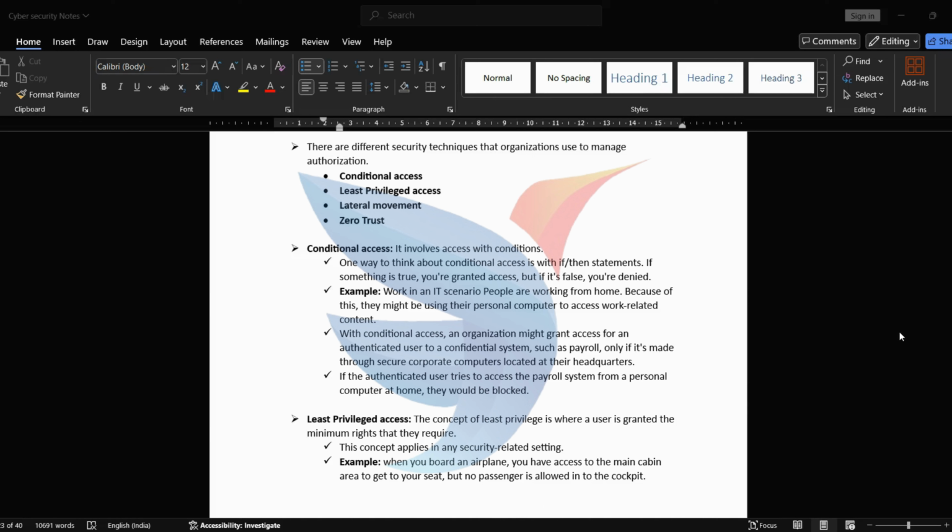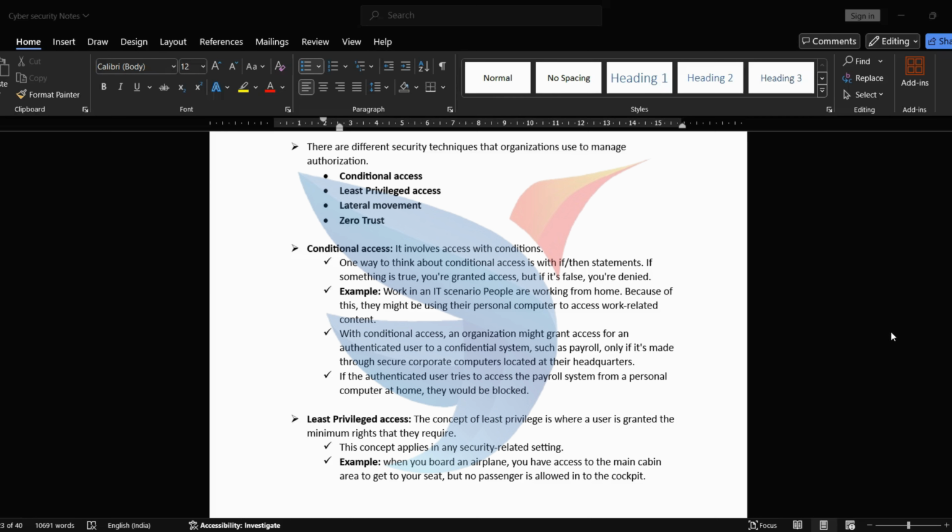But with some conditional access, an organization might grant access for an authenticated user to a confidential system, such as payroll, only if it is made through secure corporate computers located at their headquarters. If the authenticated user tries to access the payroll system from a personal computer at home, they would be blocked.